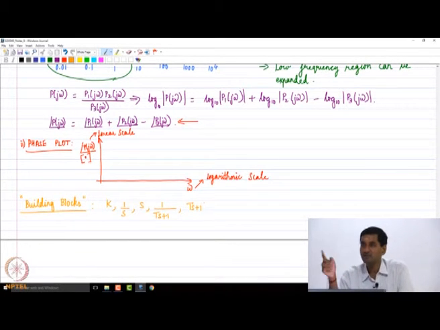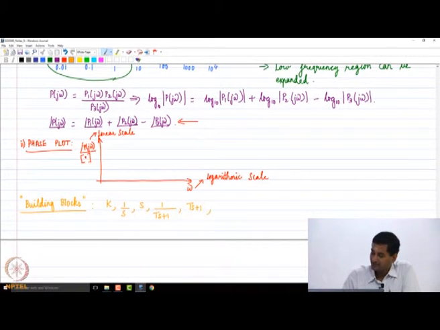So I am just writing down all the potential factors that can appear in the numerator and the denominator. And we can also have a complex conjugate factor of the form omega n squared divided by s squared plus 2 zeta omega n s plus omega n squared.